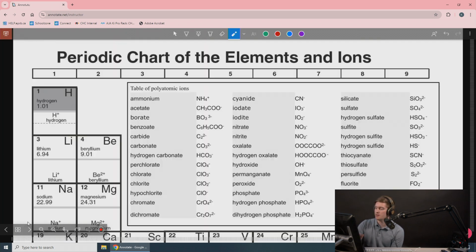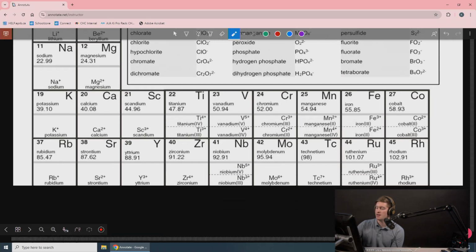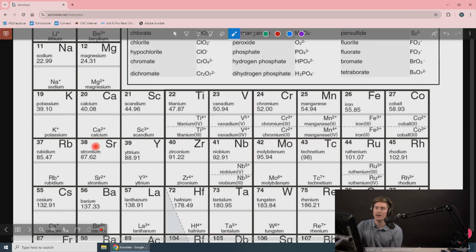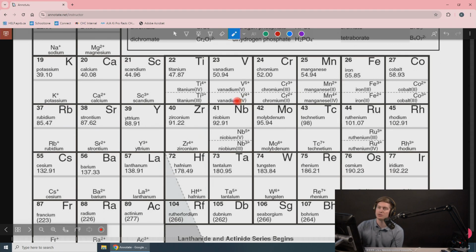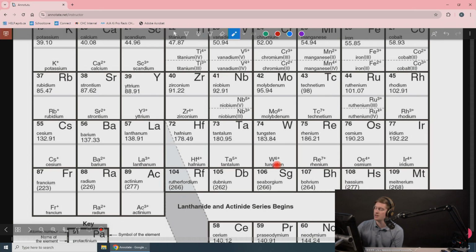The reason we didn't need Roman numerals for those is because their ions only have one option. The Science 10 periodic table is nice because it tells you that you need to use the Roman numerals for these multivalent metals. But if you were given a compound that has tungsten in it, tungsten just has one charge, so you don't need to do tungsten and then the Roman numeral for 6.